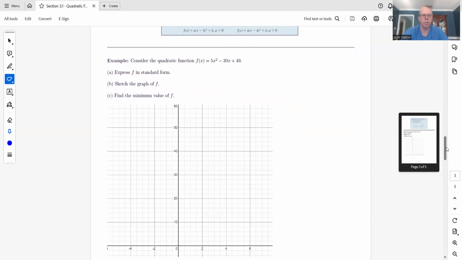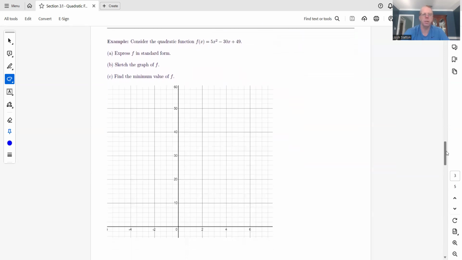So let's look at an example here. We're going to do a similar thing to what we did last time. First we're going to put it in standard form, so we need to find the vertex. We need to find h, and that is negative b over 2a. So a is 5, b is negative 30, c is 49. This gives us 30 over 2 times 5, which is 3.